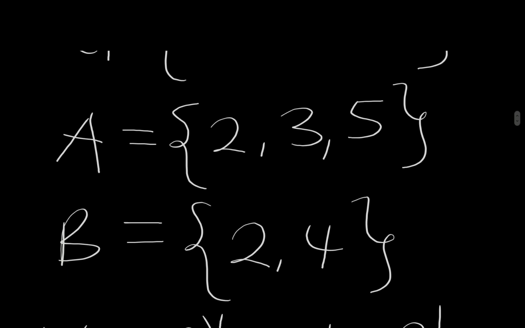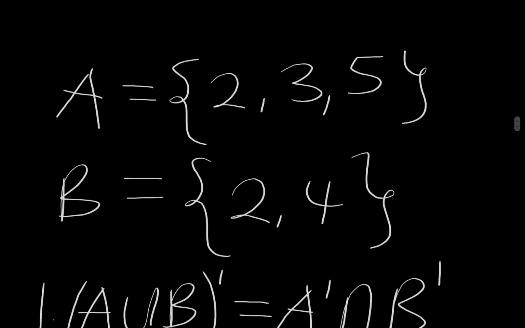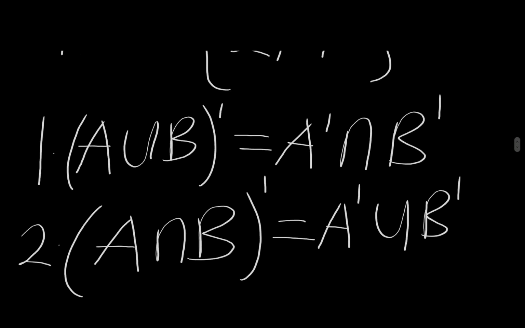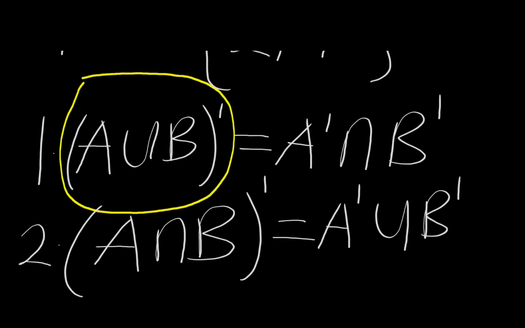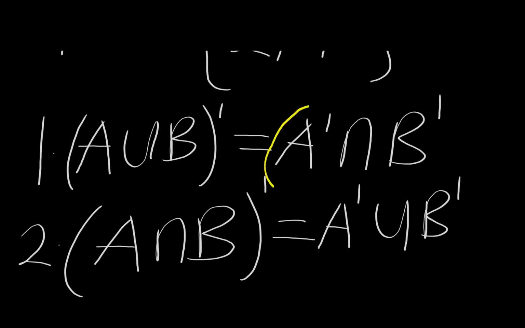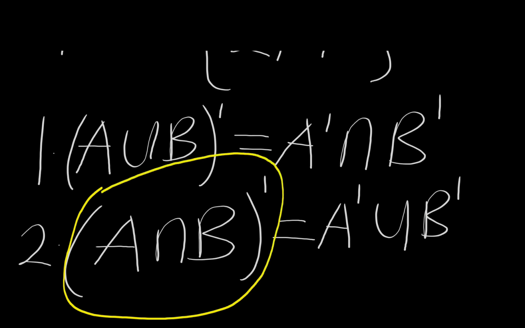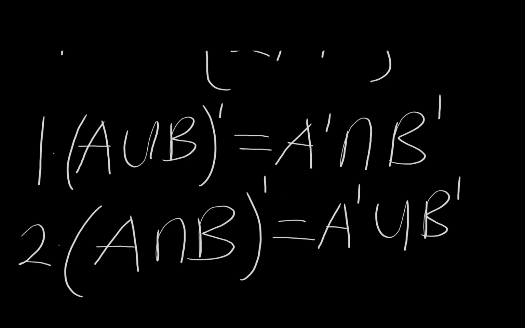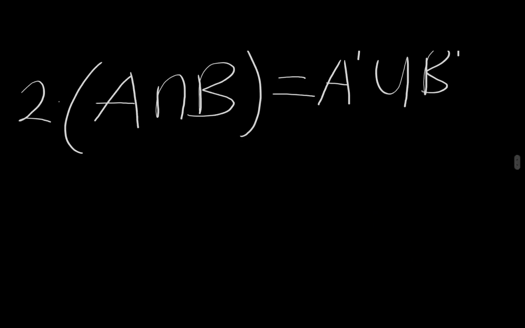Okay, so let's use this example to show that 1, (A union B)' is equal to A' intersection B', and also (A intersection B)' is equal to A' union B'. Okay, let's take the first one.